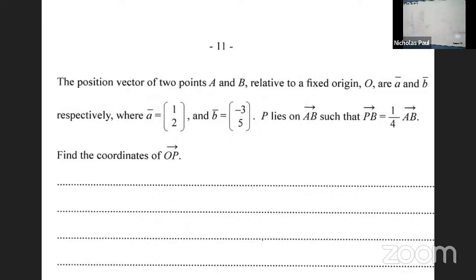Draw a diagram, right? Come on, finish, I'll come and check it.